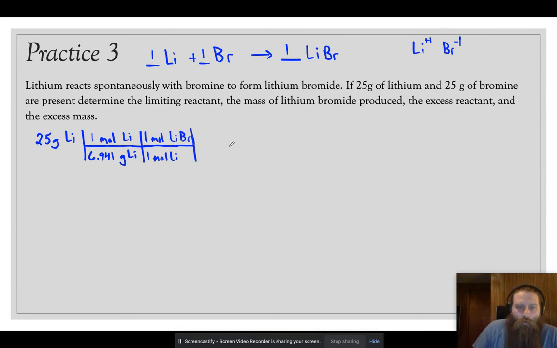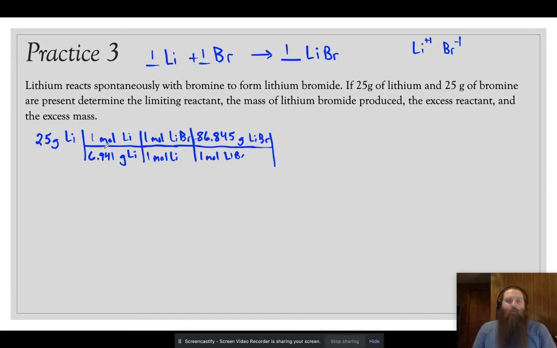And then 1 mole of LiBr is 86.845 grams, LiBr. Now, we can look at that and say, okay, that's going to be a decent number, right? 25 divided by 7 is roughly 3 or 4-ish. 4 times 86 is going to be a number that's decently large.